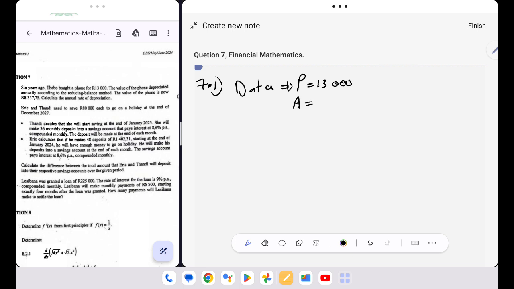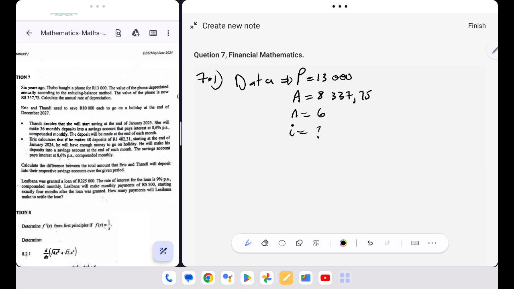However, it has lost value, and its current value right now is 8,337.75. This happened for 6 years. We don't know what our rate of interest is.